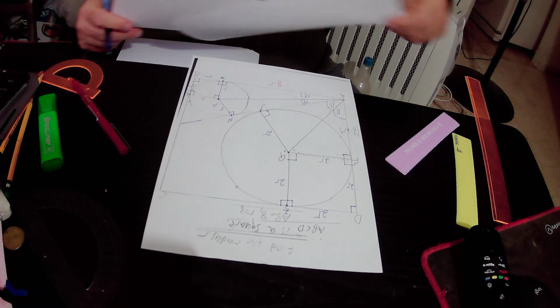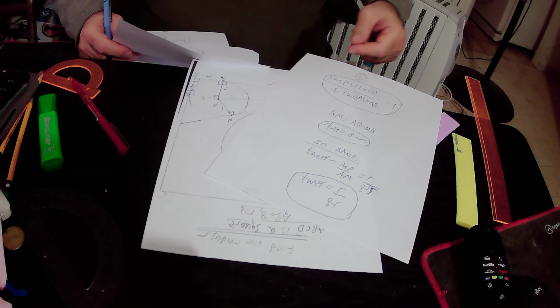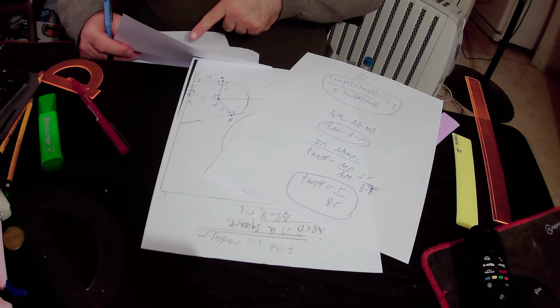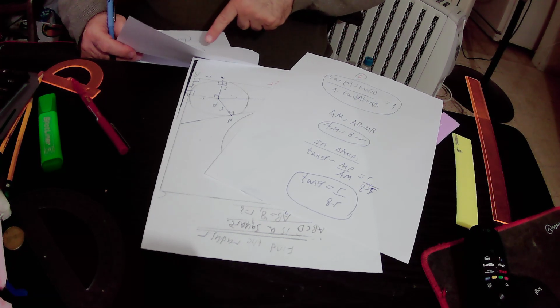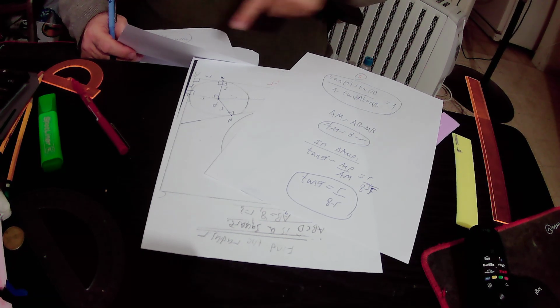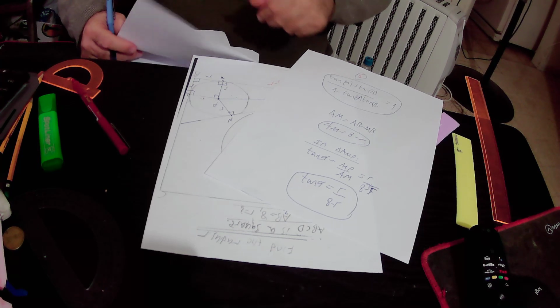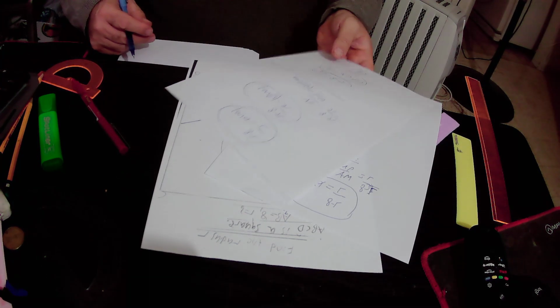Then we will substitute tangent alpha by R over 8 minus R, and tangent beta by 2R over 8 minus 2R.